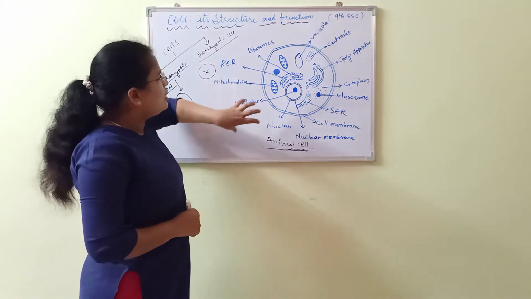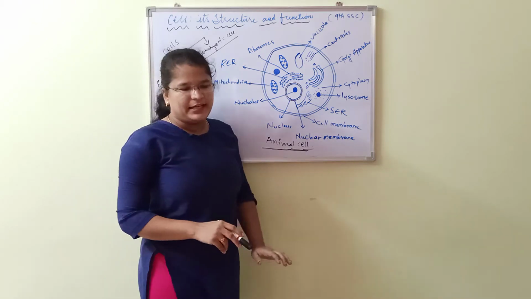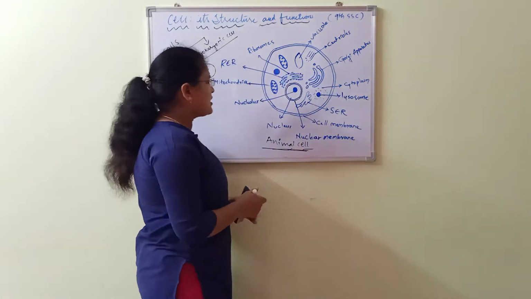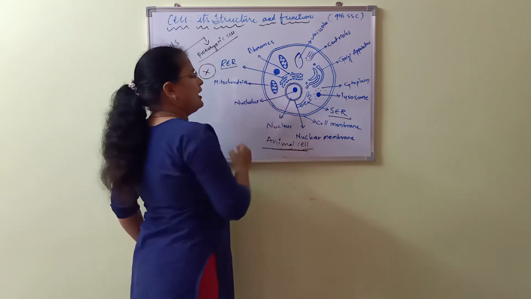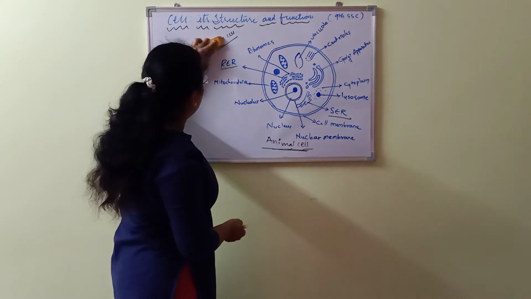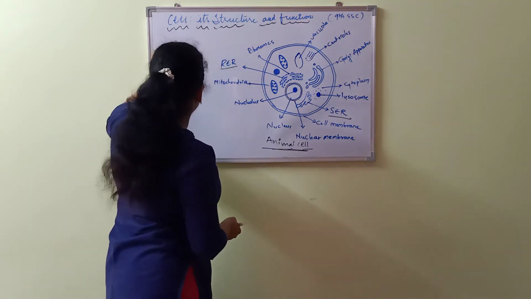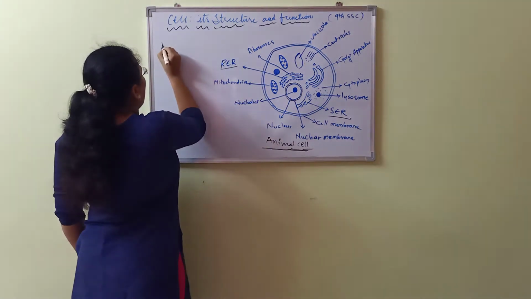See, today we are discussing the endoplasmic reticulum. Here you are seeing SER as well as RER. I will tell you about the endoplasmic reticulum very clearly, how it is categorized into two types.